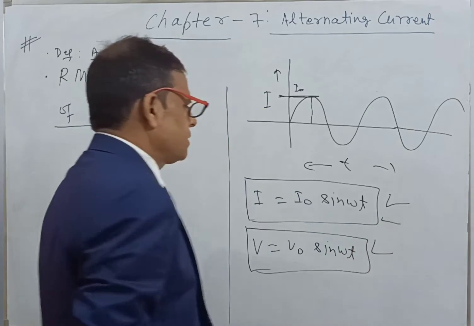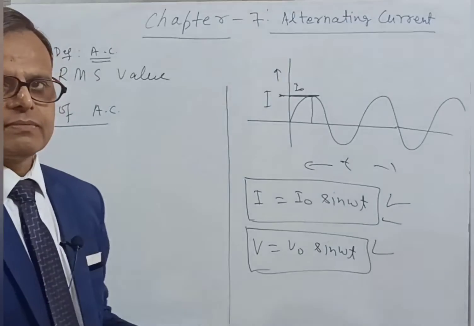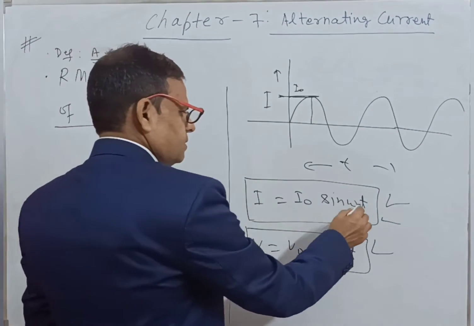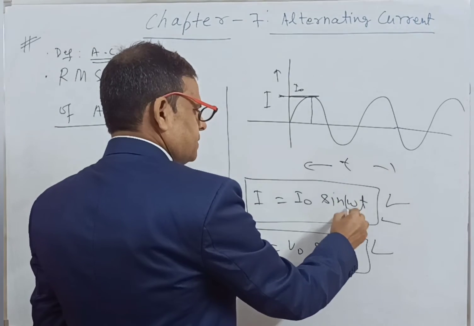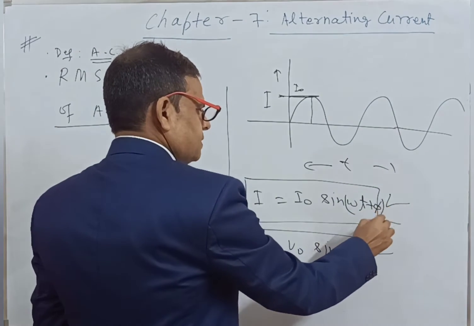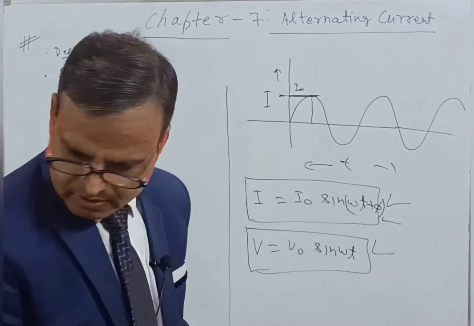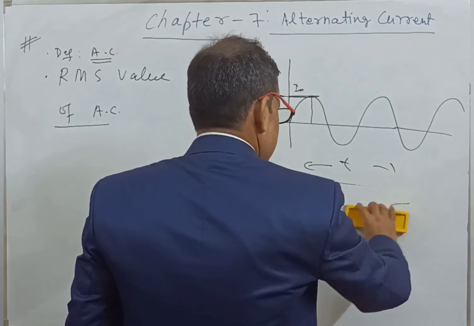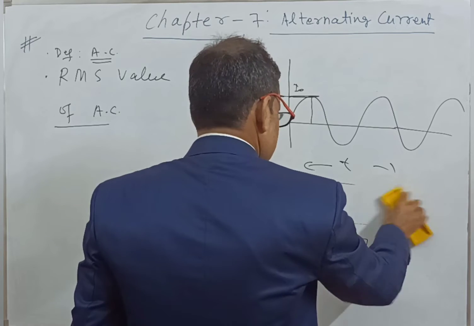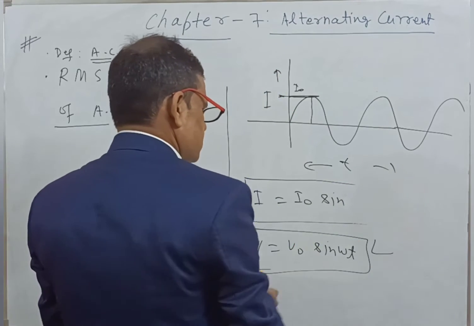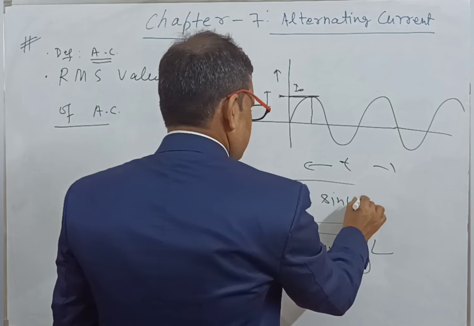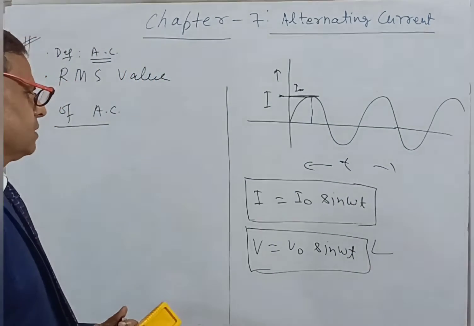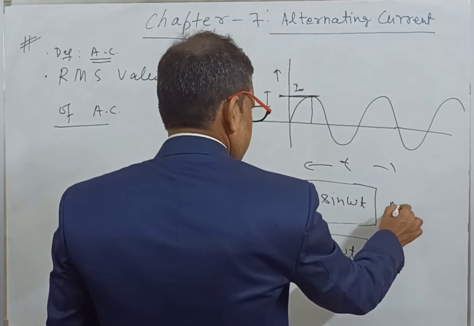Here I have assumed that the initial phase is 0, because whenever a phase is given, it is the starting phase, where the initial phase is equal to 0. This is ampere and this is volt.